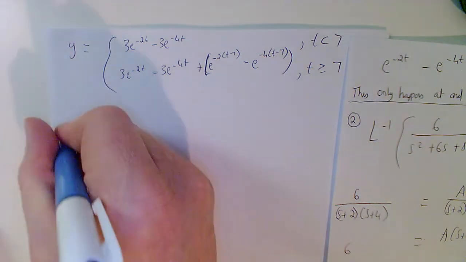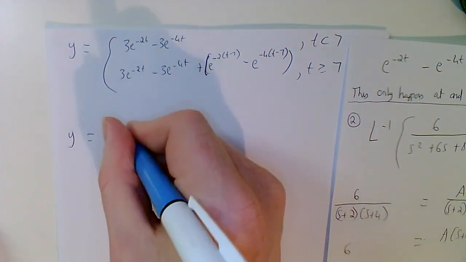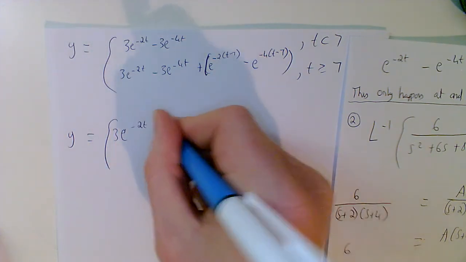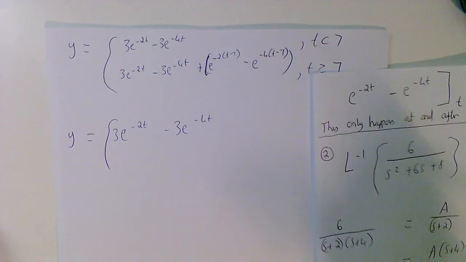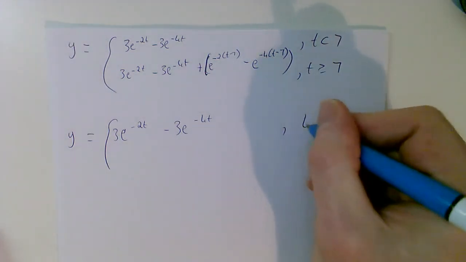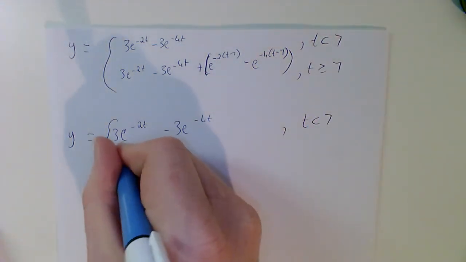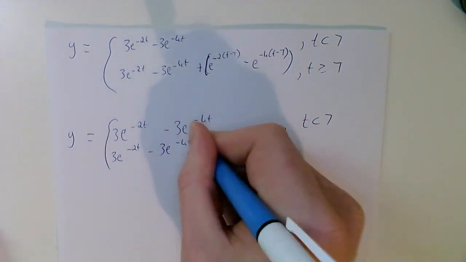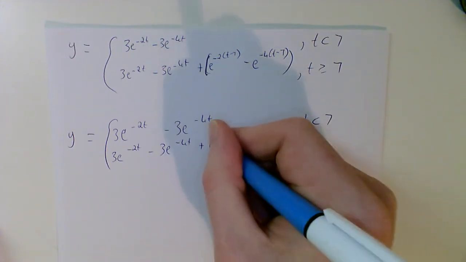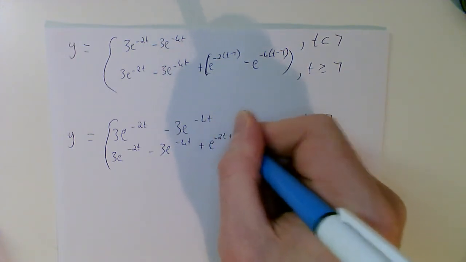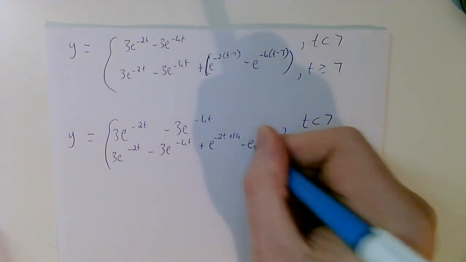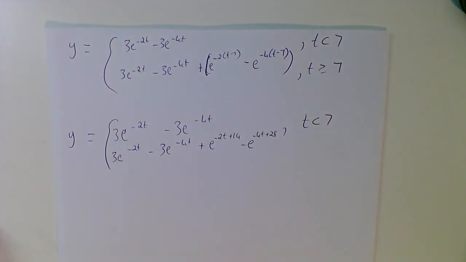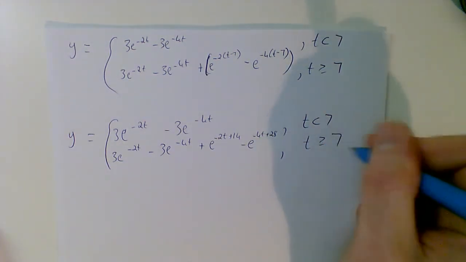And if you wanted to, you could simplify that down: 3e^(-2t) take away 3e^(-4t) when t is less than 7, and 3e^(-2t) take away 3e^(-4t), plus negative e^(-2t+14) take away e^(-4t+28), if you wanted to simplify it as much as possible.